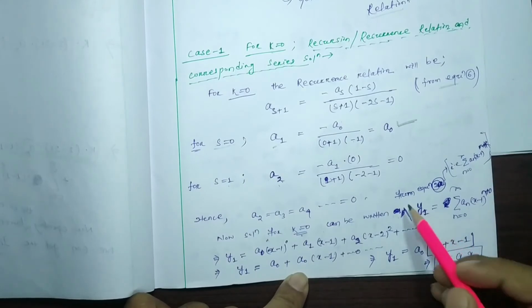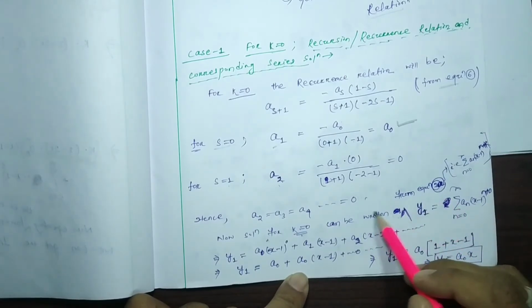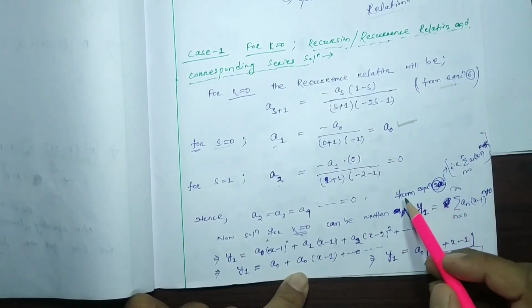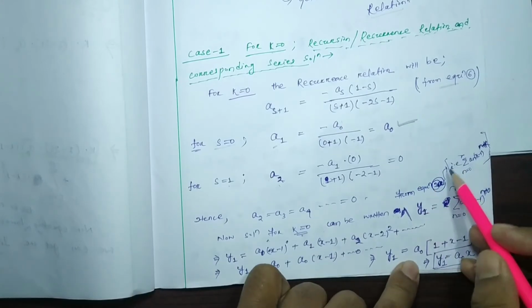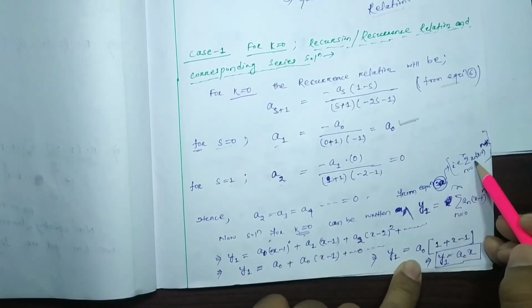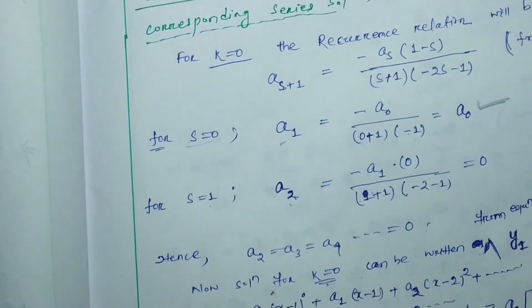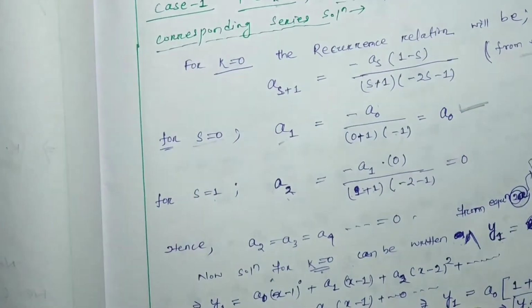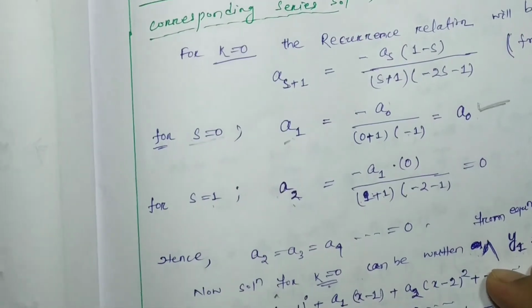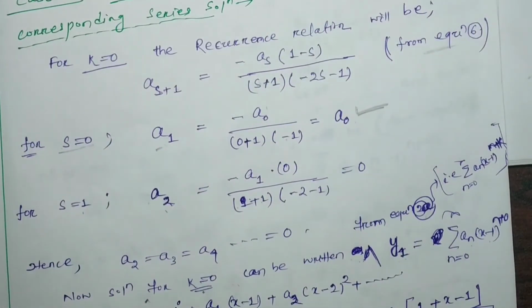It can be written from equation number 2a in brackets, that is a_n. I am going to zoom here so you can easily visualize these things. Just write the note like this.